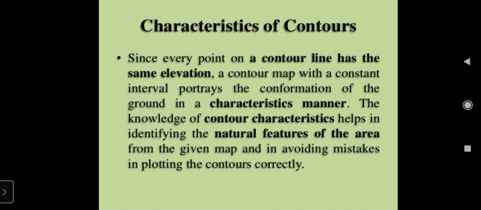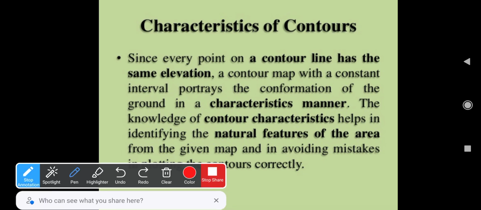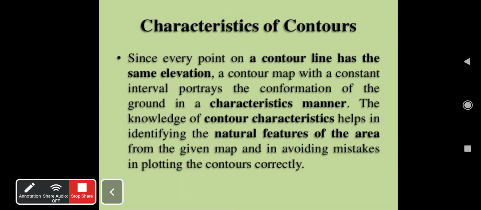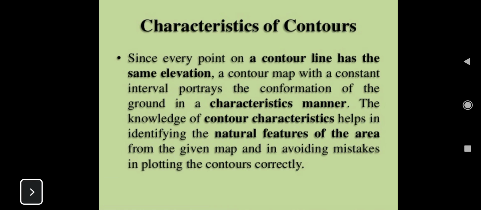The knowledge of the contour characteristics helps in identifying the natural features of the area, or of the mountain or railway track or highway or whatever it may be from the given map, and in avoiding mistakes in plotting the contours correctly, so that we will have an idea about how we are going to do the plotting for the particular area.